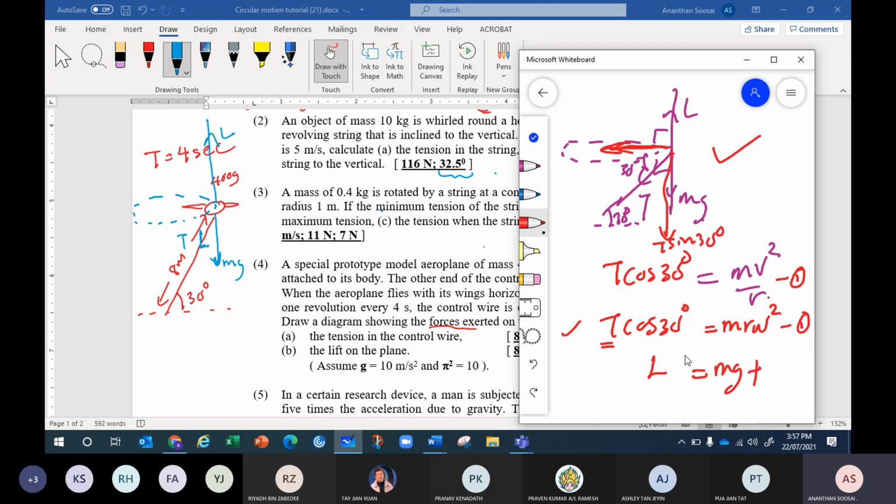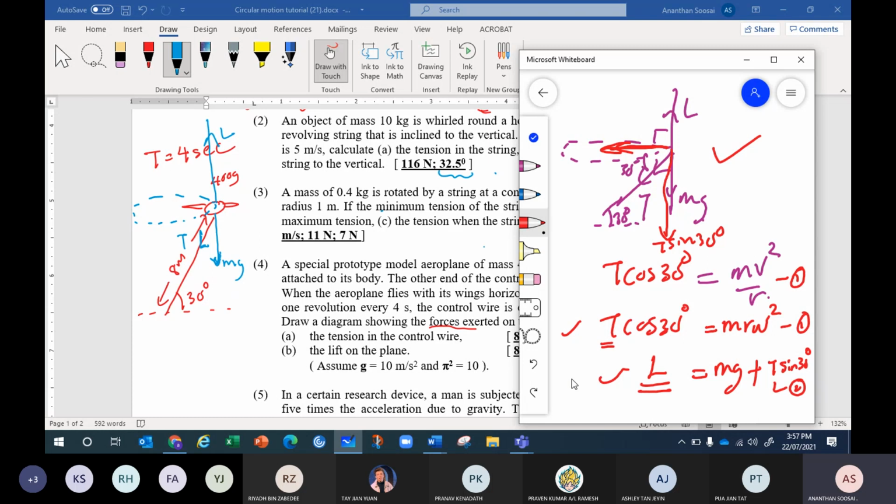So L equals mg plus T sin 30. This is another equation. I think the second equation can help you to find the lifting force. Tension you know already, mg you know, so you can find the lifting force.